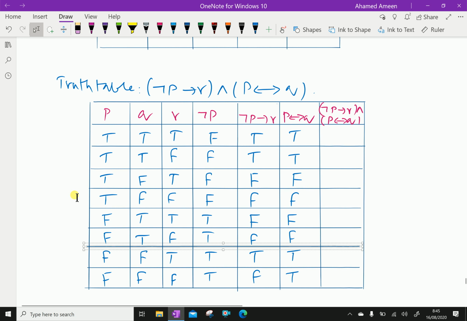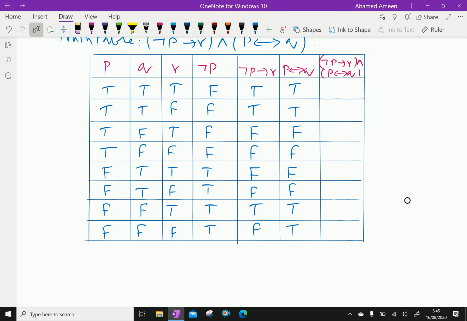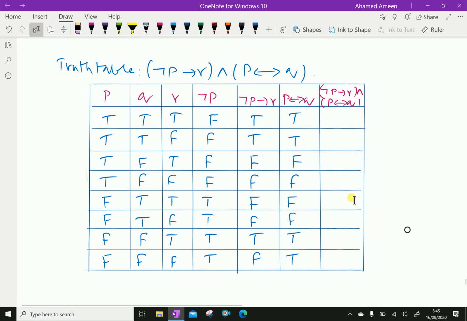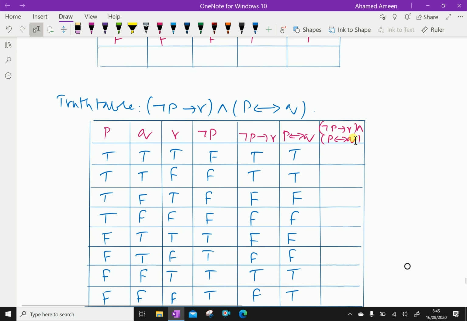Now next, negate P implies R, conjunction P if and only if Q. Here you have to find the conjunction of this one and these two things.